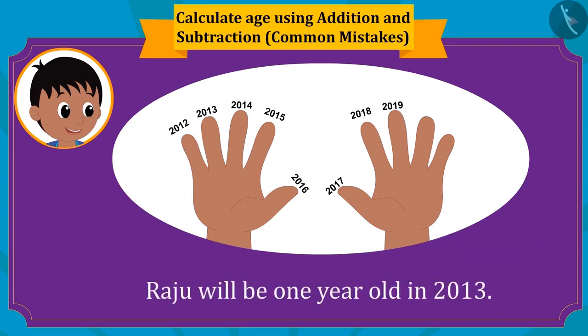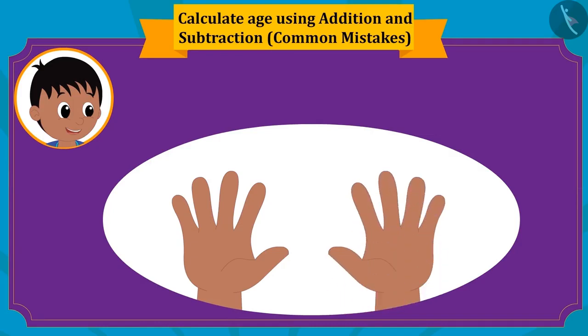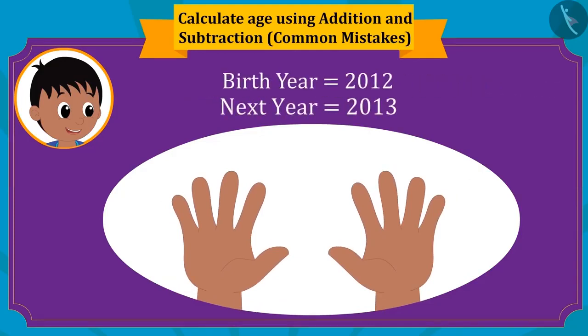Because Raju will be 1 year old in 2013 and not in 2012. Remember, children, whenever you are counting on your fingers, you should start counting from the next year of your birth year.